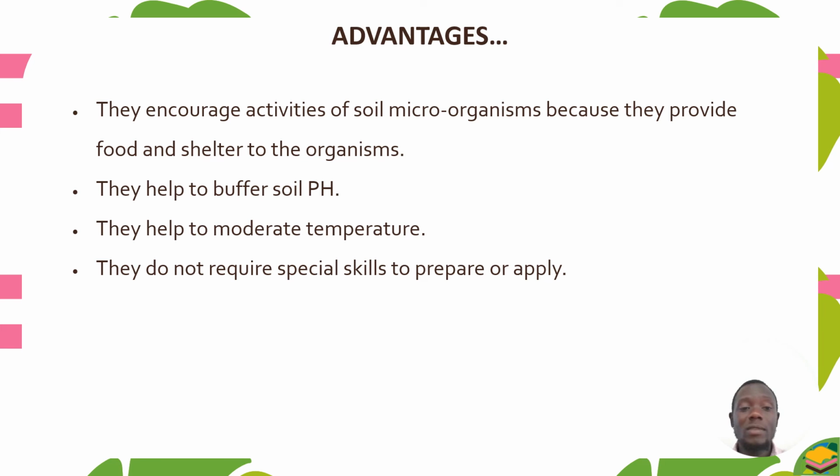Therefore, they encourage microbial activities. They also help to buffer soil pH. In other words, they don't change soil pH, unlike the inorganic ones. Inorganic ones, if you apply them for a long period of time, you find that they are changing the soil pH.